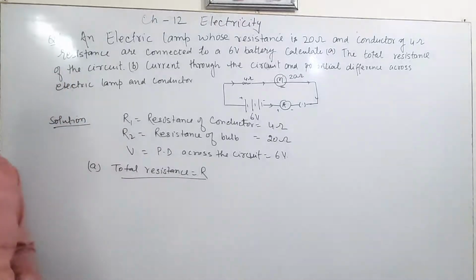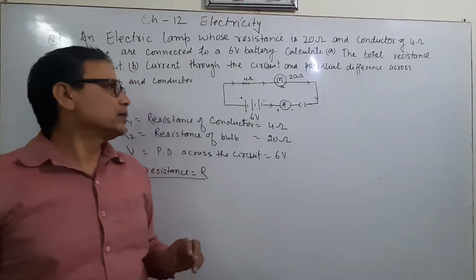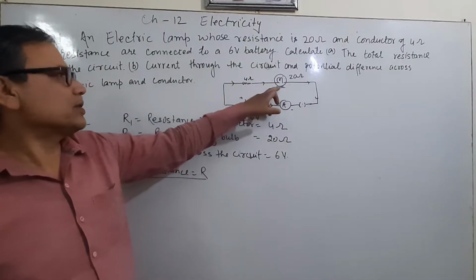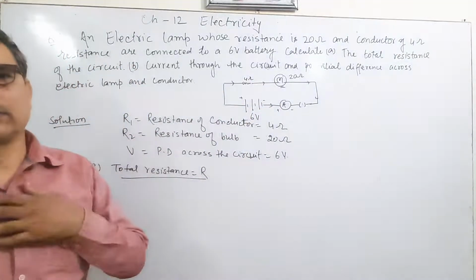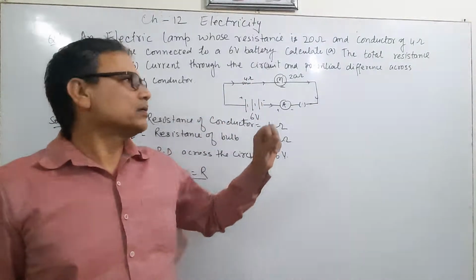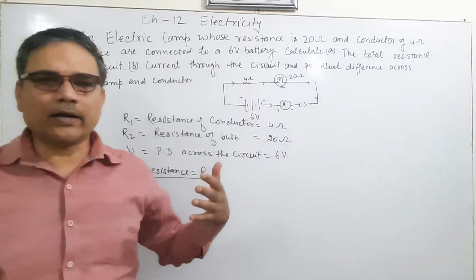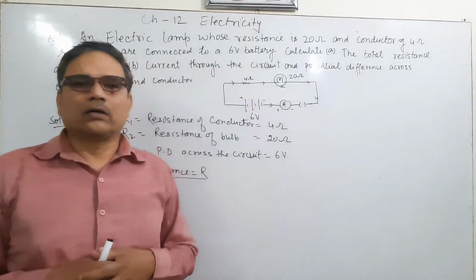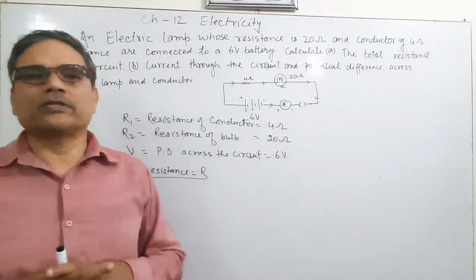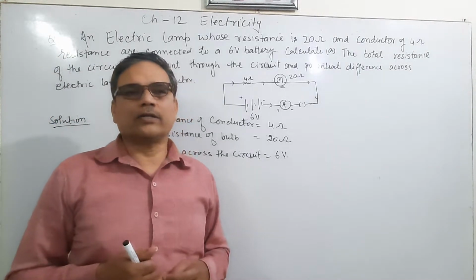Let us assume R is the total resistance of the circuit. R1 is the resistance of the conductor and R2 is the resistance of the bulb, connected in series. What is the effective resistance when two or more resistors are connected in series?